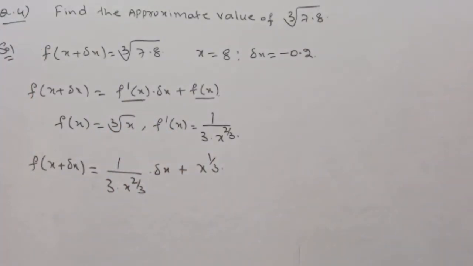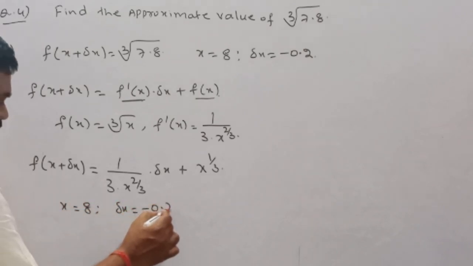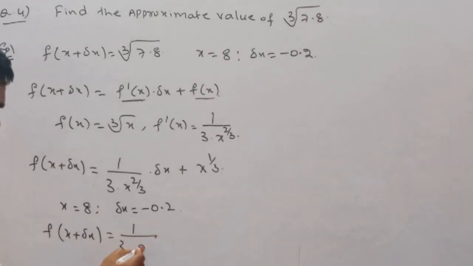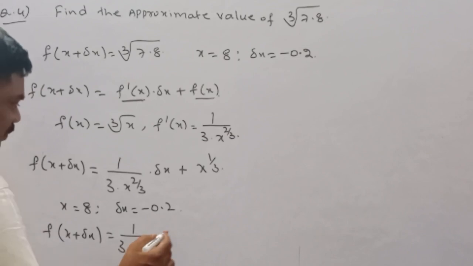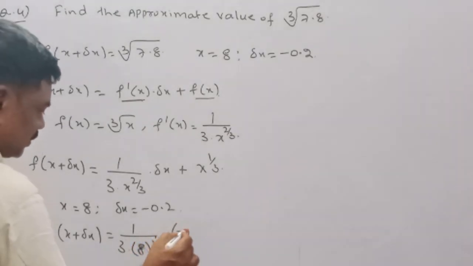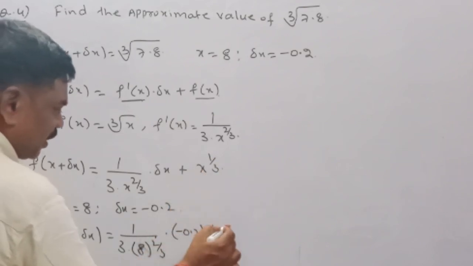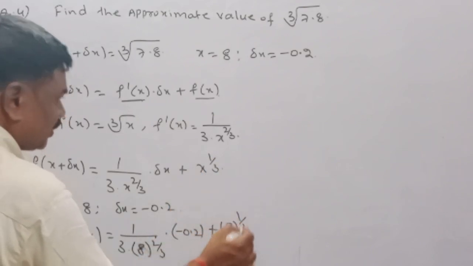Here x is equal to 8 and delta x is equal to minus 0.2. Then f of x plus delta x is equal to 1 by 3 into 8 power 2 by 3 into delta x, minus 0.2, plus 8 power 1 by 3.